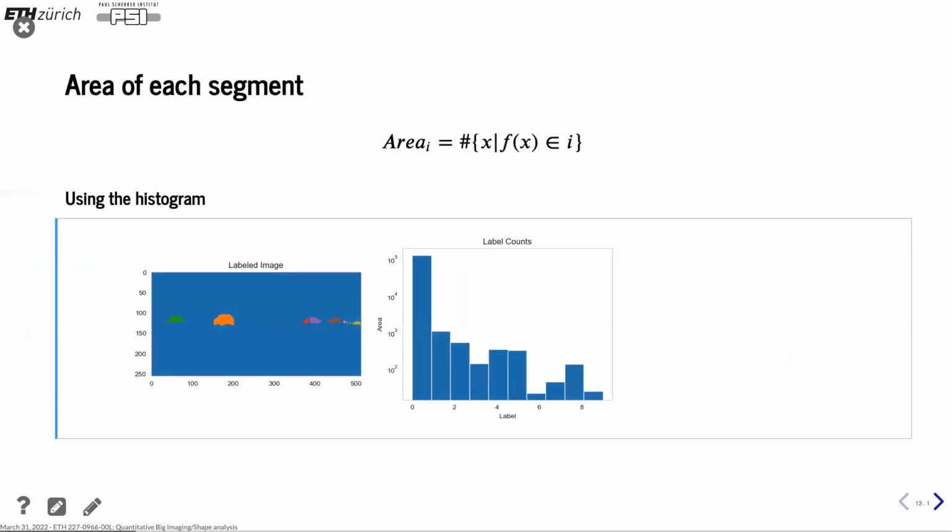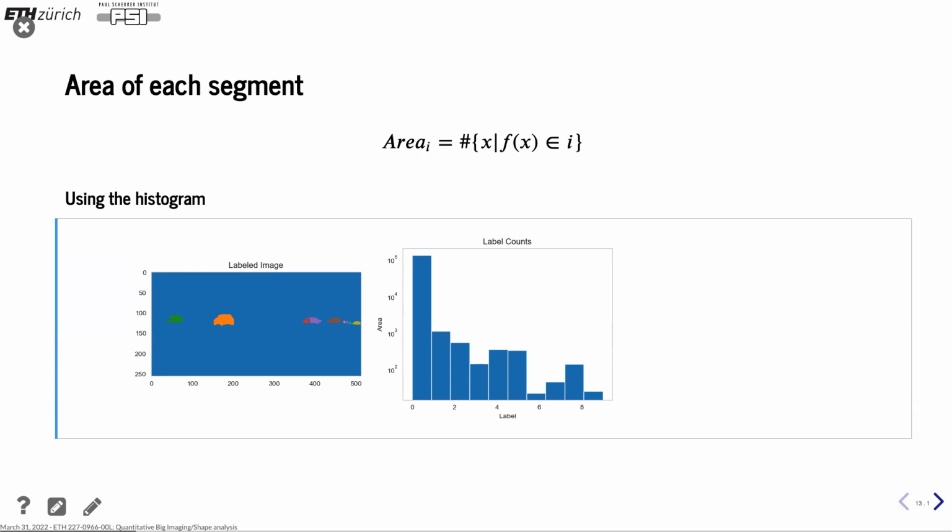Now we can look at the area of each segment. To count the area of the object is essentially just counting the pixels with that specific label. So if you have the image F and several labels, that would be the i here, then you can just count all the pixels that belong to that item.